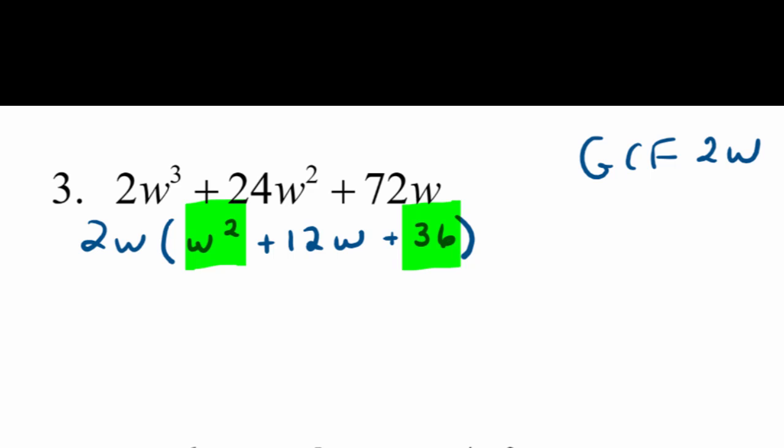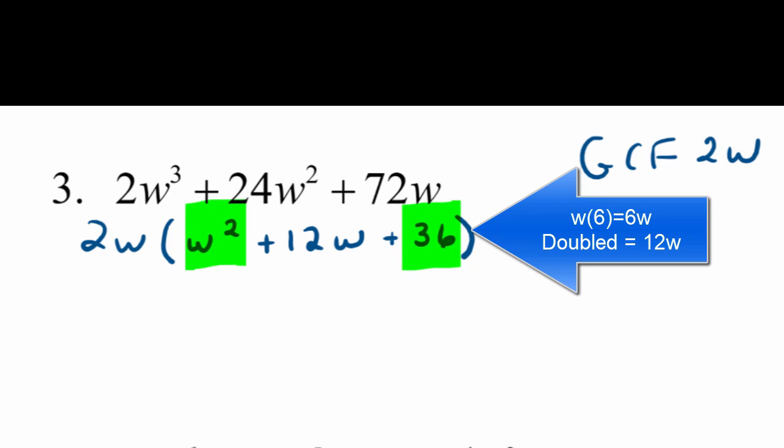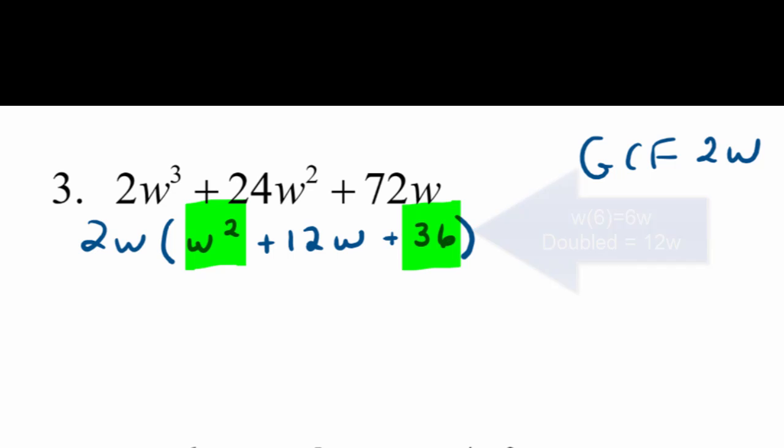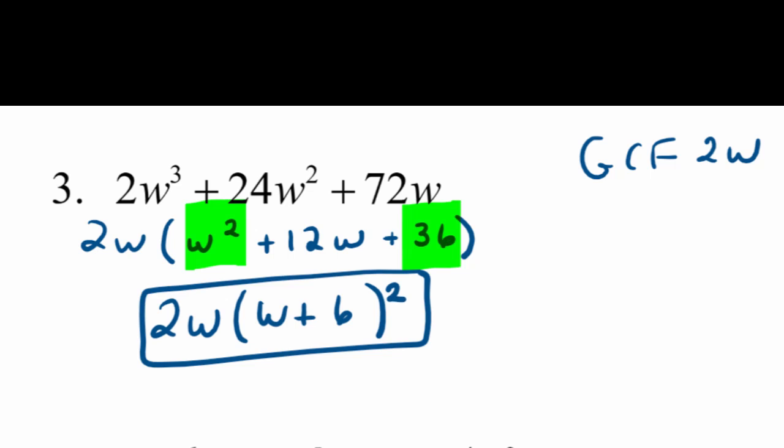We squared a w and we squared a 6. When we multiply those together, that's 6w. When we double that, that's 12w. So we have the right middle term. That means we can factor this as, and don't forget your 2w, bring that down, w plus 6 squared. It saves time if you can recognize these patterns for perfect square trinomials. This will really save you some factoring time.